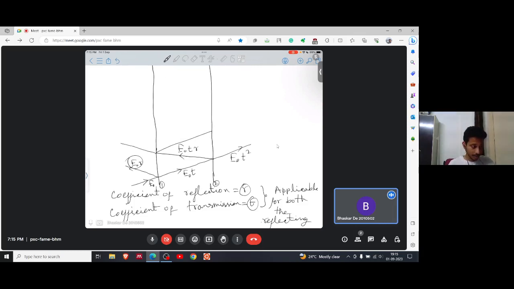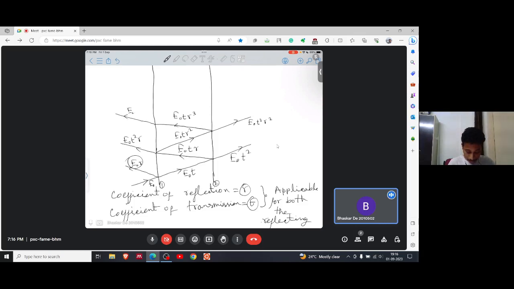So in my drawing the angles are not the same, but they should be the same. So this transmitted part will have E naught T square R, this reflected part will have E naught T R square. Then from this surface it will be E naught T square R square, and the reflected part will be E naught T R cube.